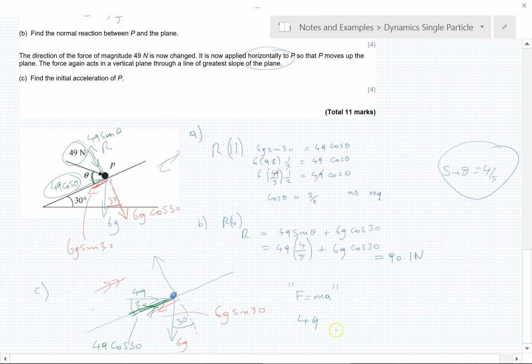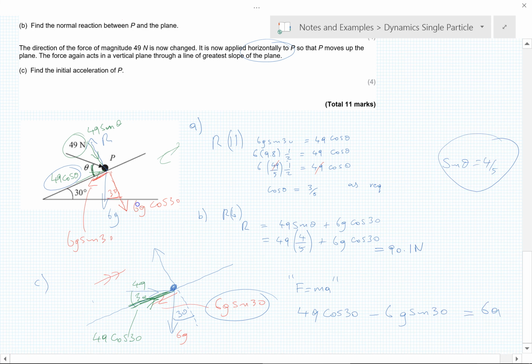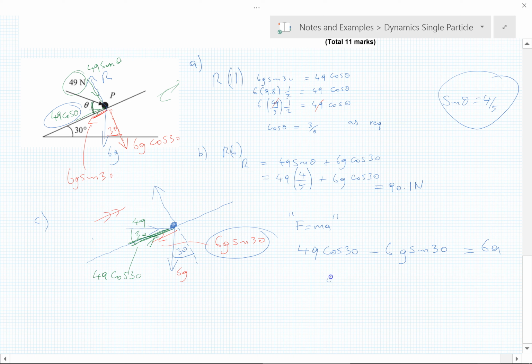So we've got 49 cos 30, oh no, it doesn't equal anything. 49 cos 30, take away the component of the weight, which is the 6g sine 30, is equal to the mass, which is 6, times the acceleration. And if you work that out, that gives us an acceleration of 2.17 to three significant figures.